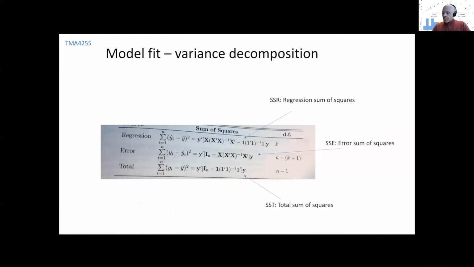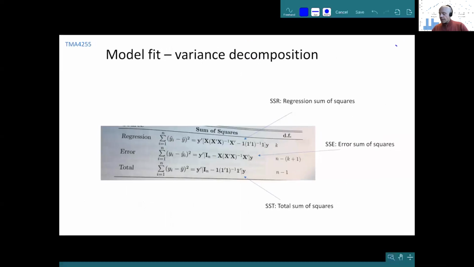These sums of squares can then be split in different parts, where we first look at the regression sum of squares, and that's the difference from the prediction to the mean. And then we have the error sum of squares that we use to fit our regression model. This is the distance from the data to the predicted regression model.